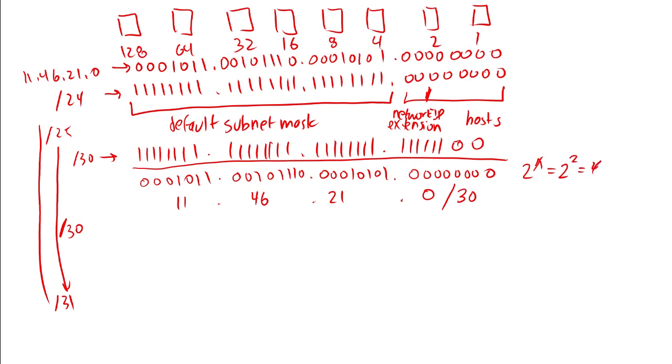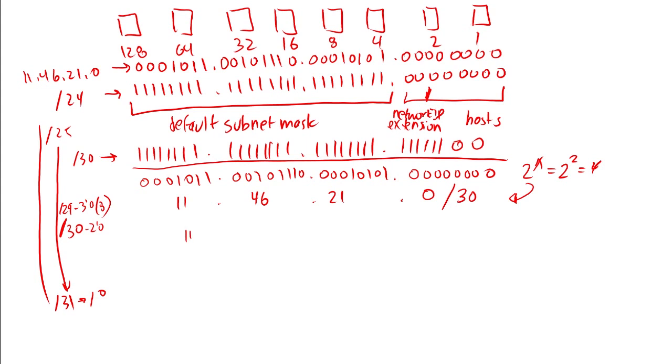So that means this network is only 4 wide. You can think about right away, 31 has 1 zero, and 30 has 2 zeros, and 29 has 3 zeros, which is 2 to the 3, which is 8. You can figure out right away how big of a network we're going to end up with.